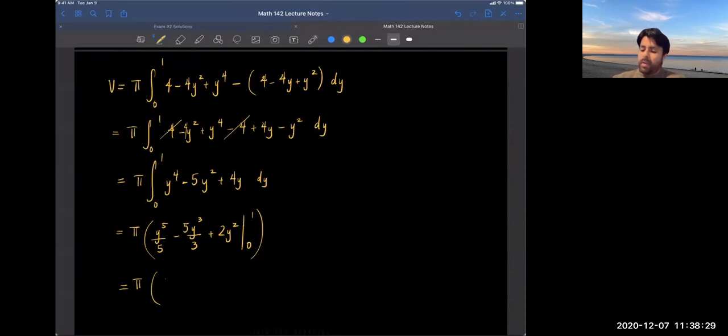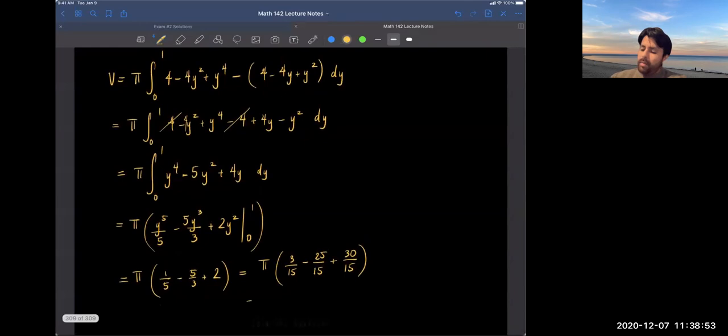So this becomes 1/5 minus 5/3 plus 2. And then if you want to write this as a fraction, this would be 3/15 minus, about times 5, I get 25 over 15 plus 30 over 15.